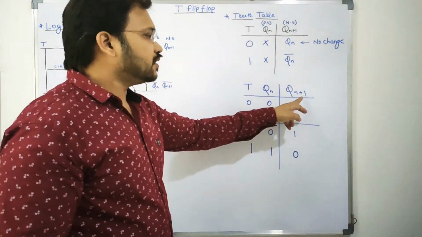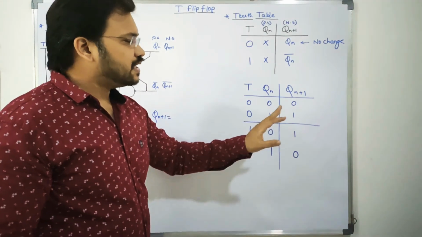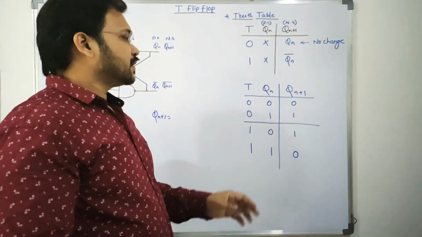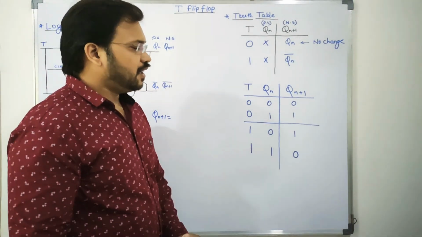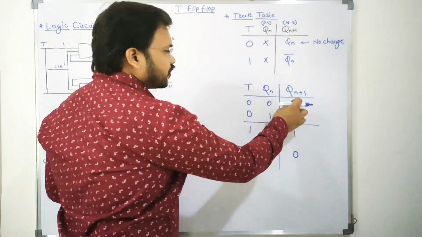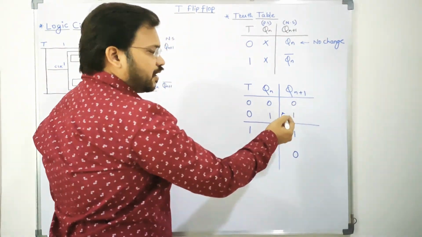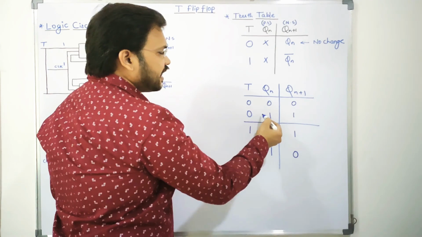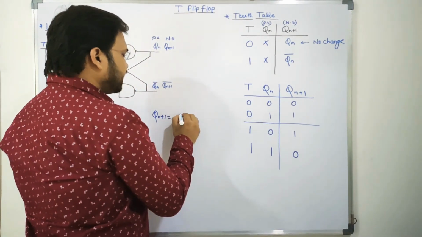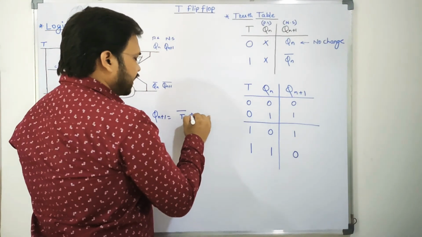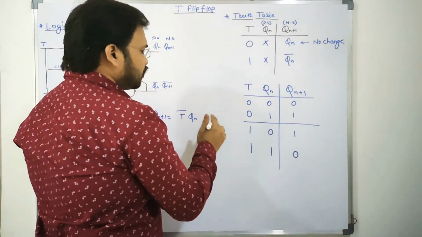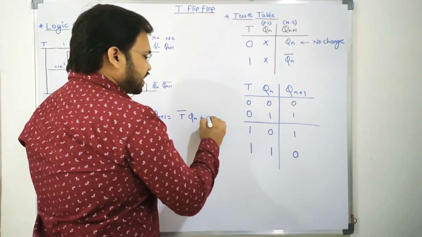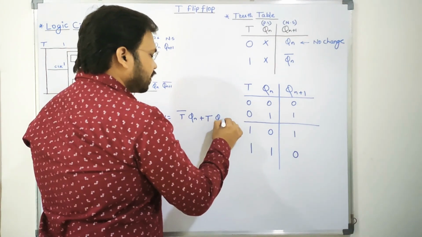So Qn plus 1, by putting these values in a K-map, you will get the value, or simply by observing, where the logic is 1, T is going to be T bar and Qn. Plus, where T is 1 and Qn is again 1, we can say T and Qn bar.